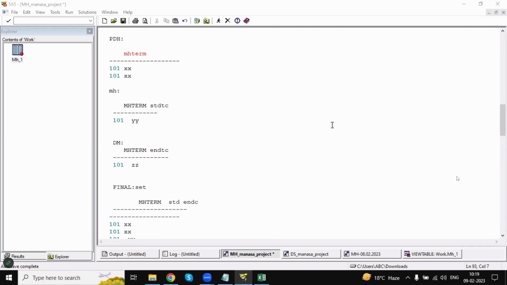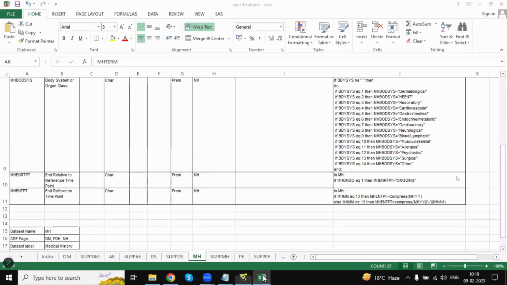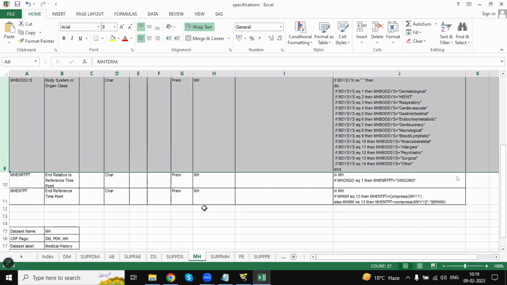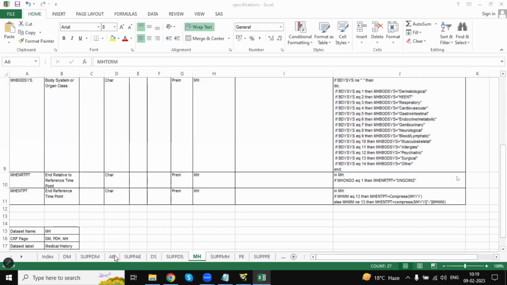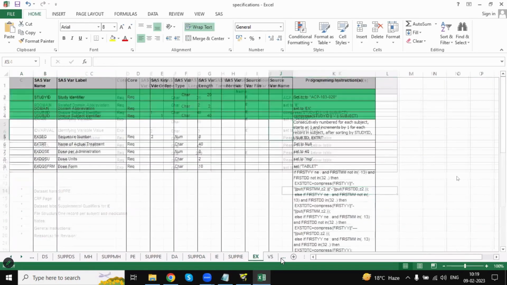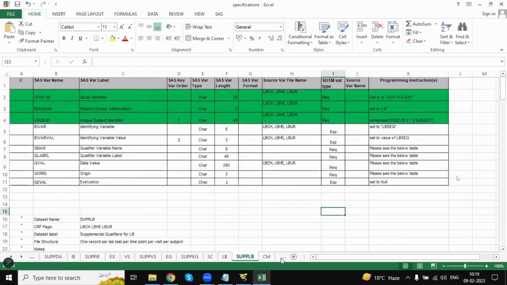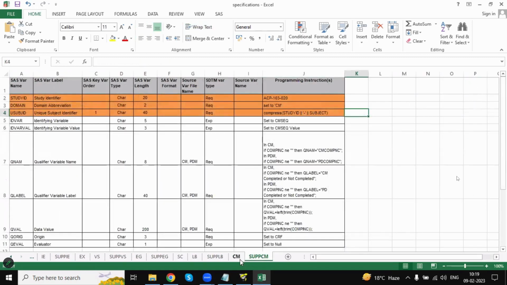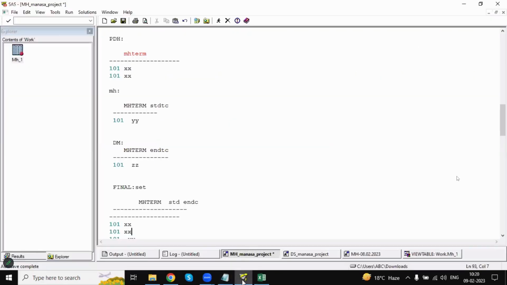We have already done most of the domains: interventions, events, category domain C, AE, disposition, MH. All this we discussed. Concomitant medication too. Whatever we discussed till date, sit this weekend, complete it and come on Monday.